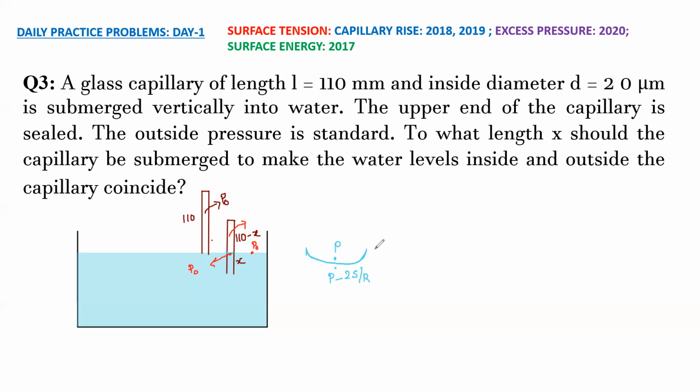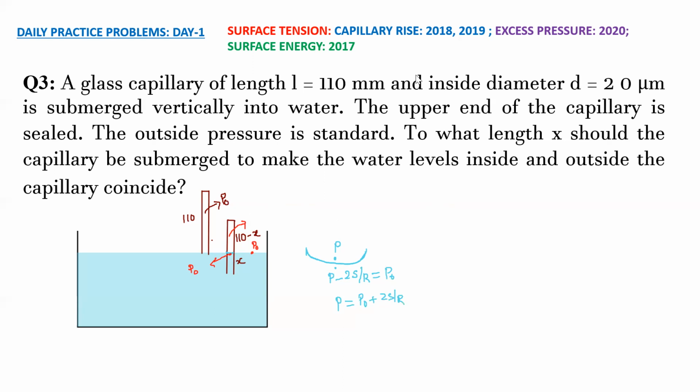So actually the pressure in the reduced column of 110 minus x is nothing but P0 plus 2S by r. So now it is very clear.